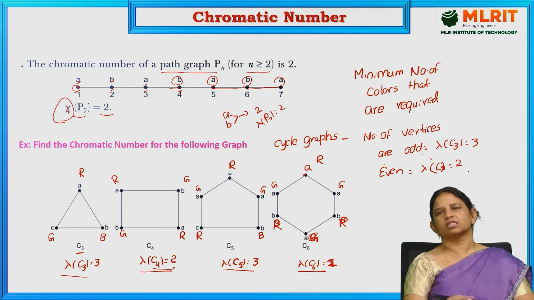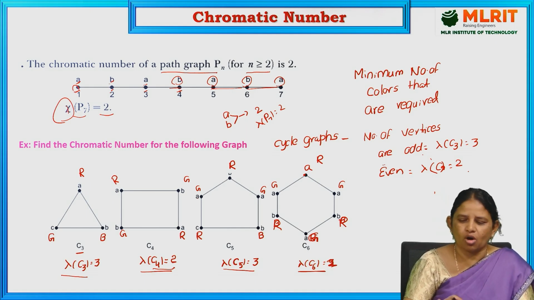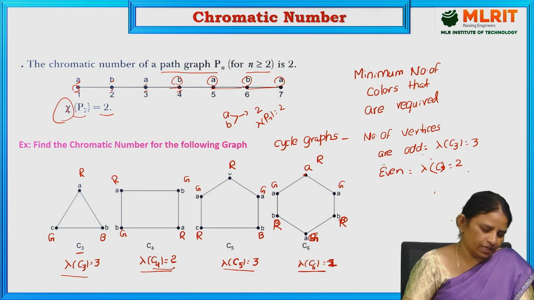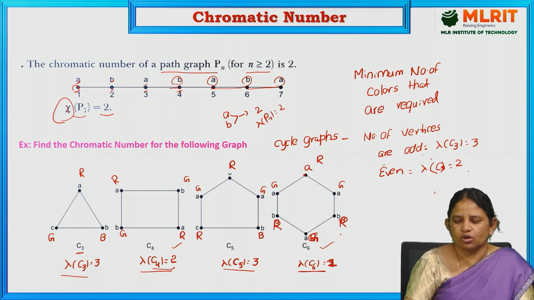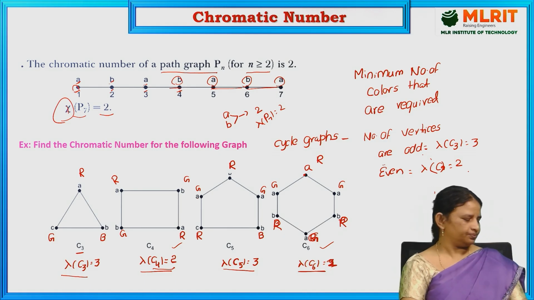So for cycle graphs, if the number of vertices is odd, then we can use 3 colors to color the graph. If the number of vertices is even, such as 4 or 6, the chromatic number is 2.